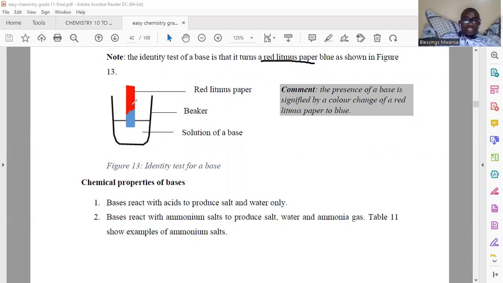I will observe that red litmus paper changing to blue. That is the confirmation that what is contained in that beaker is a base.